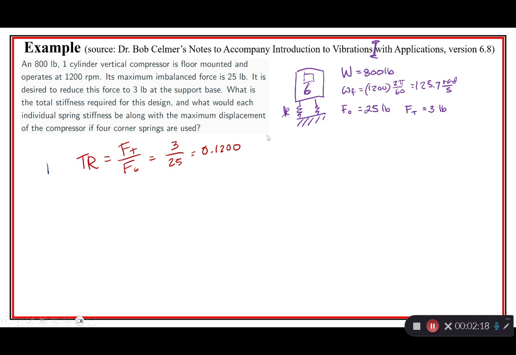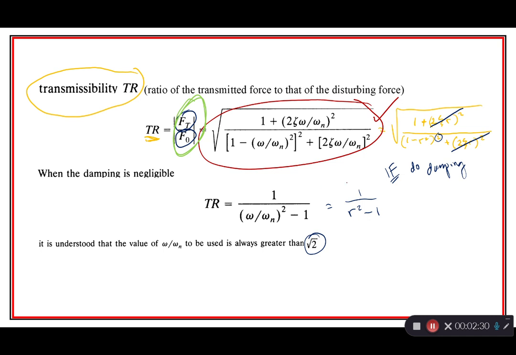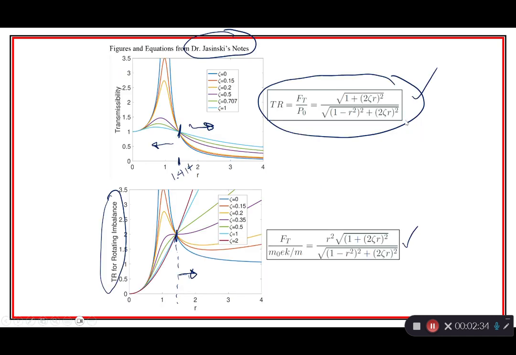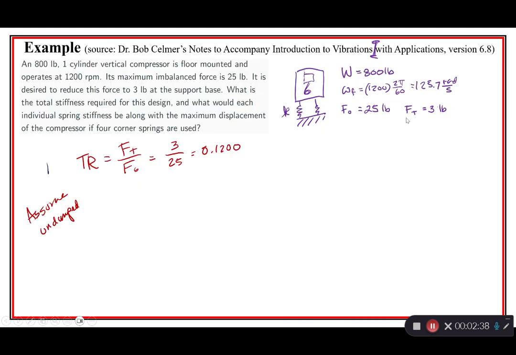The equation we should use, they don't talk about damping, so I assume undamped. And we can go ahead and use this version of the equation. We might want to find the natural frequency first. I waited actually this time. I generally would find it right away. So let's go find it.